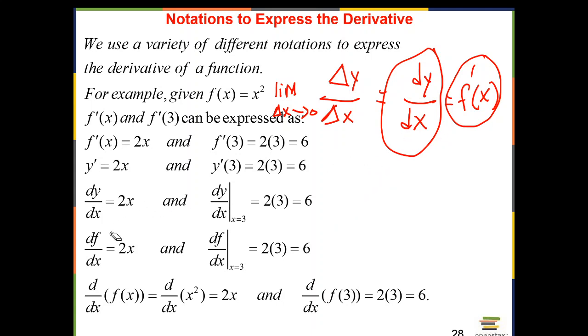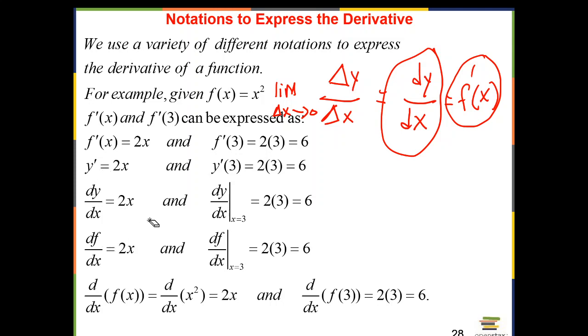So dy dx means the derivative of the function y with respect to this variable x, right? And we can also use y prime. So if you could think of f of x as y, you can think of its derivative as y prime.